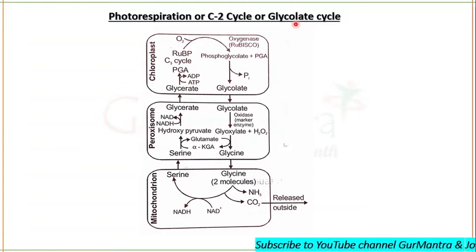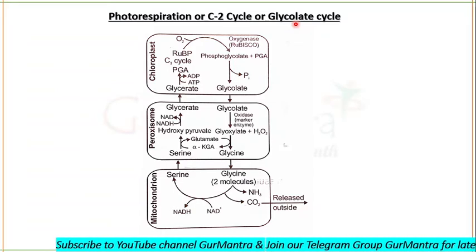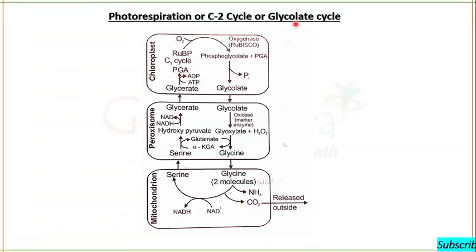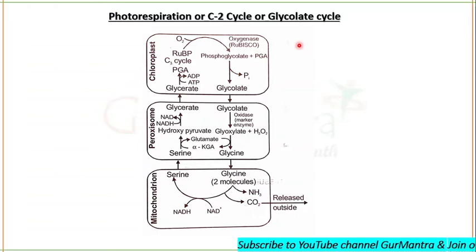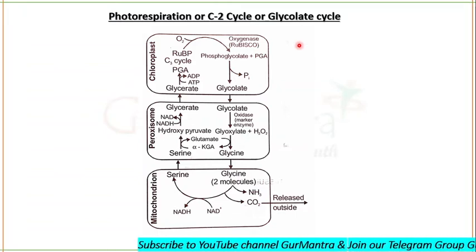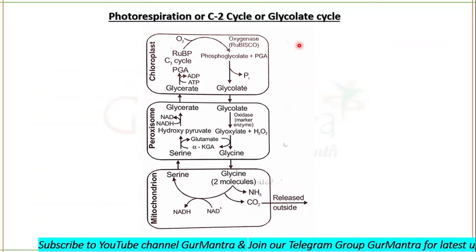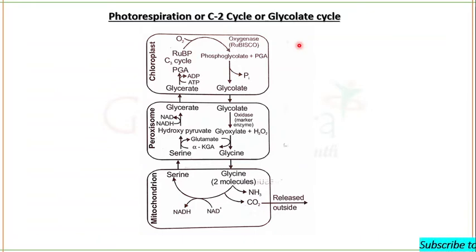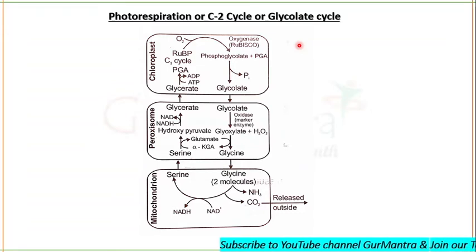Why is the C3 cycle called so? Because the first stable product in the Calvin cycle is phosphoglyceric acid, which is a 3-carbon compound, and that's why the Calvin cycle is also known as the C3 cycle. But here we are going to talk about the C2 cycle, also known as photorespiration.